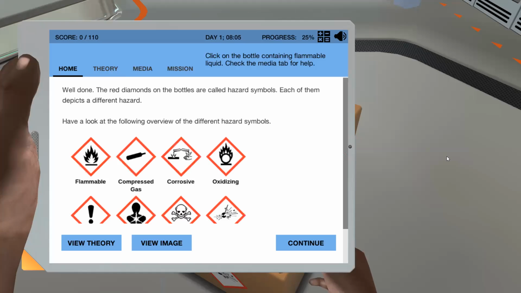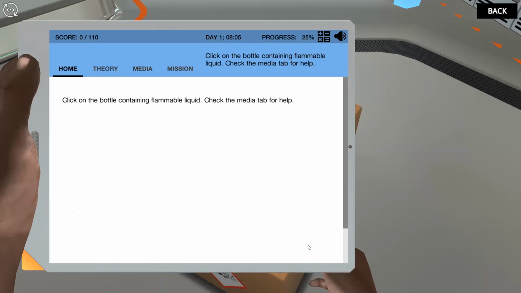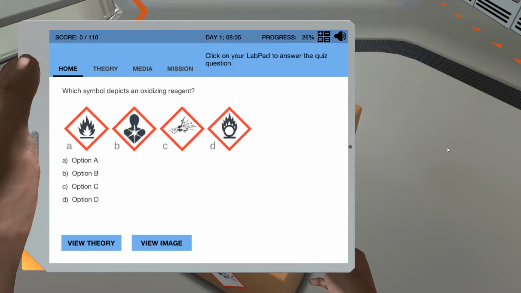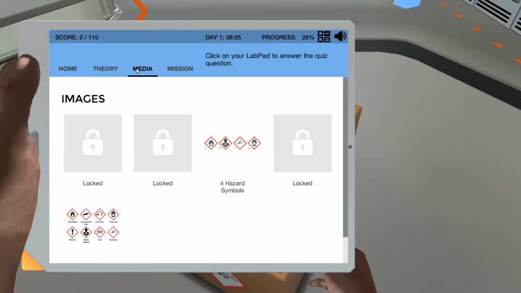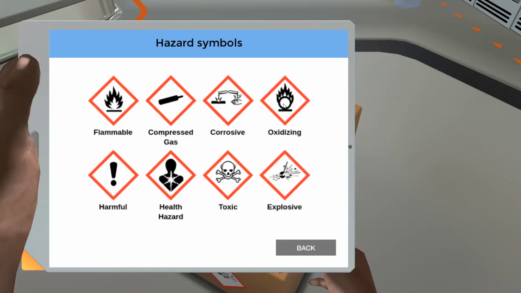The red diamonds on the bottles are called hazard symbols. Each of them depicts a different hazard. Have a look at the following overview of the different hazard symbols. Continue. Which symbol depicts an oxidizing reagent? Okay, so if you go to media again, right? Oxidizing reagent. I think this guy right here. Yep. See?